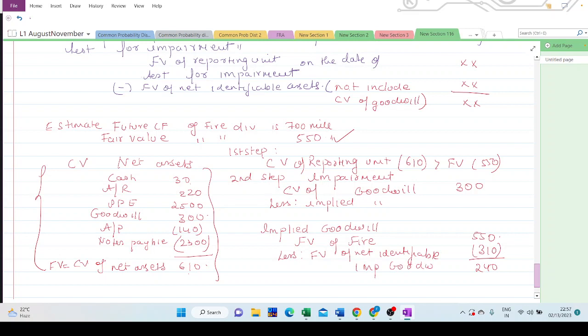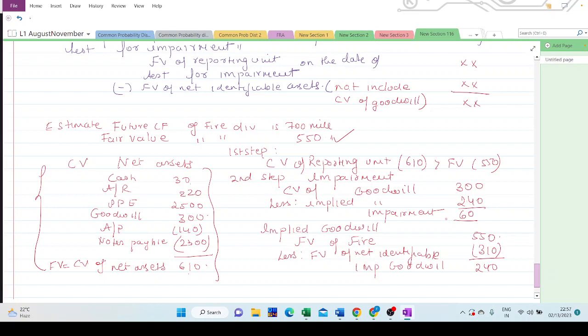Implied goodwill is 240. तो impairment loss कितना होगा? Impairment loss होगा 60 का, right? Which is carrying value of goodwill, which is 300 minus implied goodwill 240. We'll recognize a impairment loss of 60 in the income statement, right?